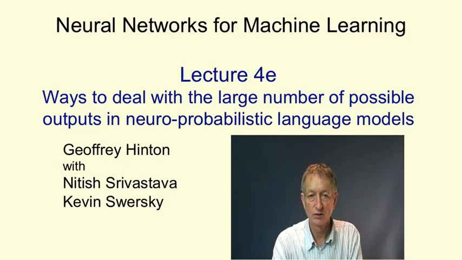In this video, we're going to look at various ways to avoid having to use 100,000 different output units in a softmax if we want to get probabilities for 100,000 different words. At the end of the video, I'll show an example of the word representations that are learned by a particular method.